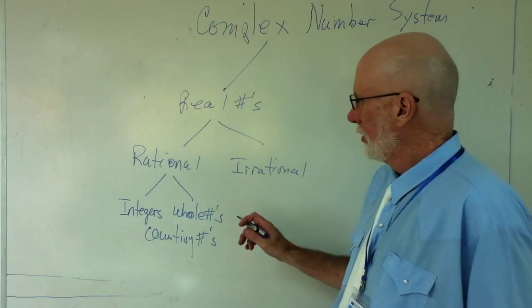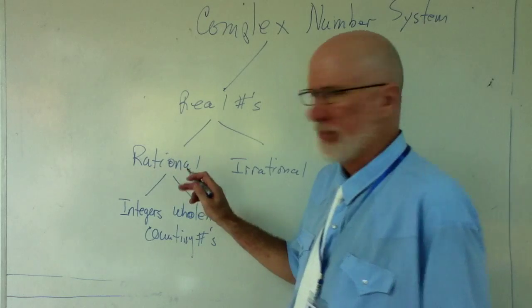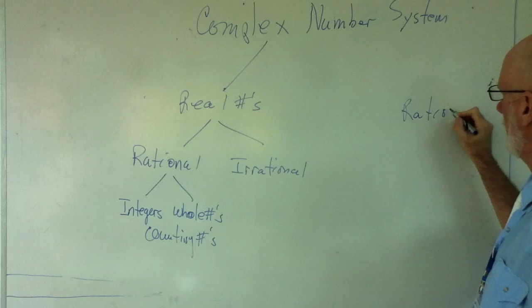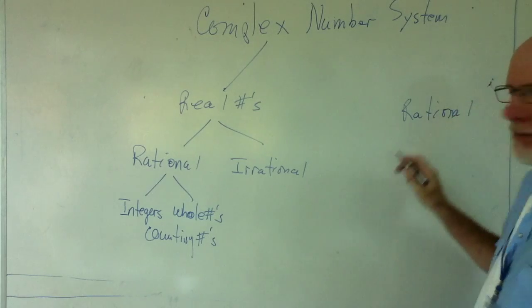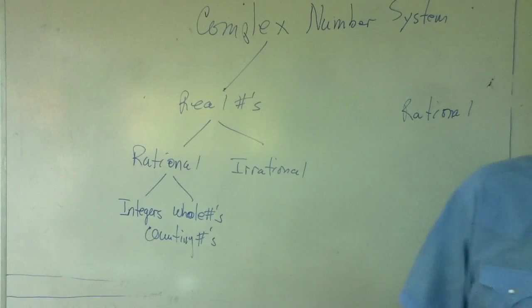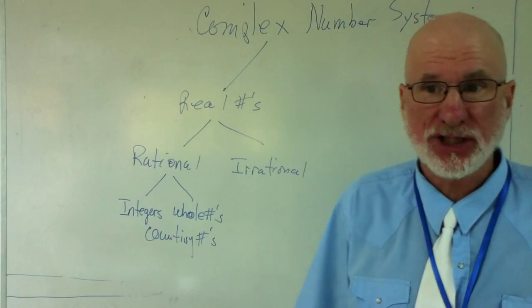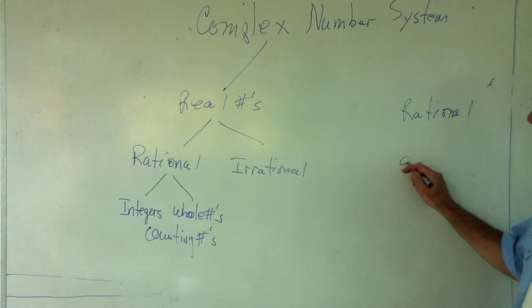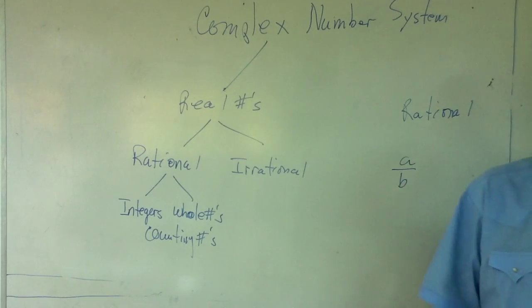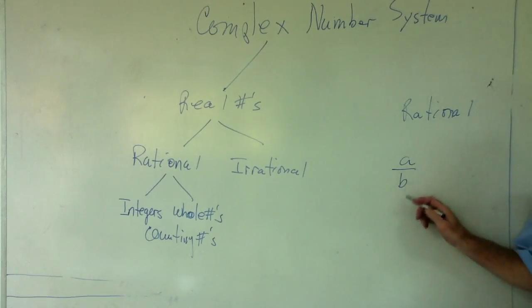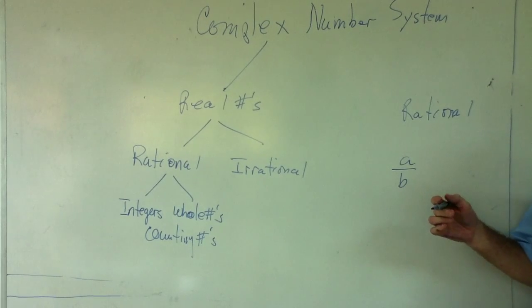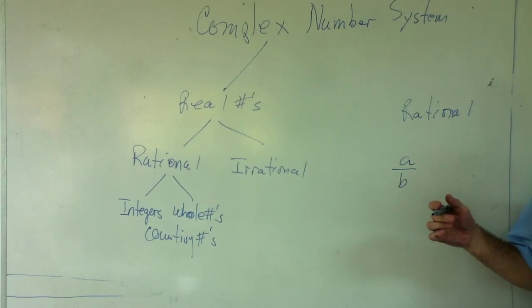How do I define a rational number? A rational number is any number that can be expressed as a fraction, a quotient, a ratio, A over B, where A and B are integers. Pick any integer you like. Pick an integer. 9.